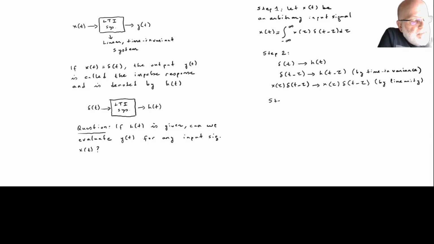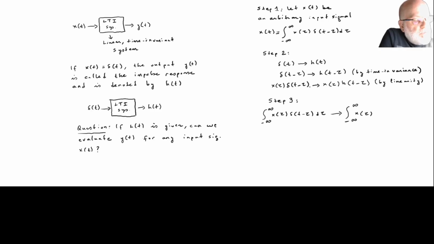And finally, the last step, if we add up these terms, that means we superpose them in the form of an integral from minus infinity to plus infinity x of tau, delta of t minus tau integrated with respect to tau will give us from minus infinity to plus infinity x of tau, here of course this is h of t minus tau.